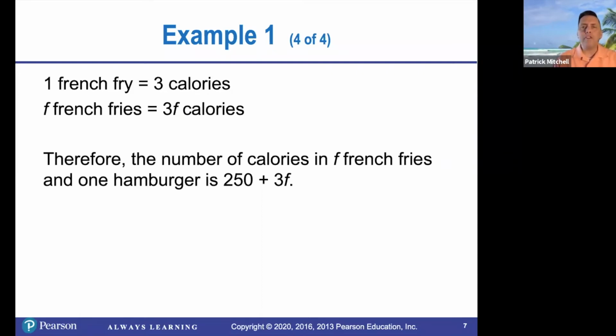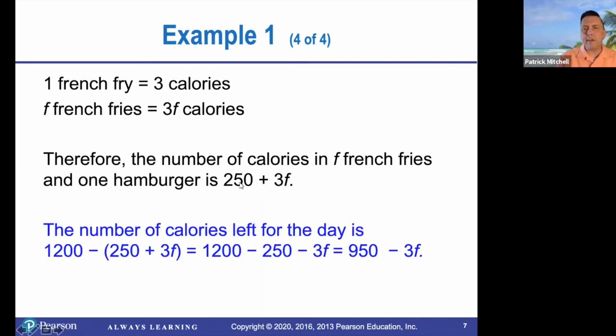The question was how many more calories can he consume that day if he's allowed a total of 1200? That would be 1200 minus this total. Notice it's written in parentheses. That's really important. When you distribute that minus sign, you get 1200 minus 250 minus 3F. So the number of calories left for the day is 950 minus 3F.